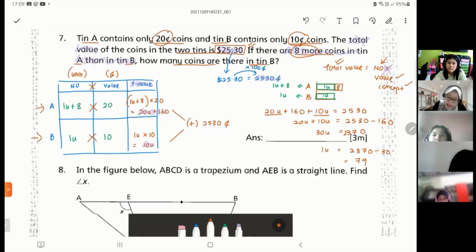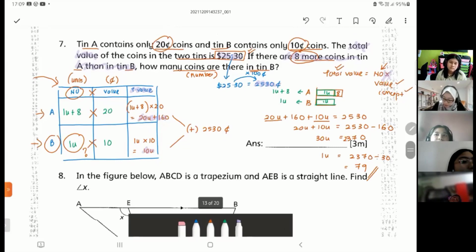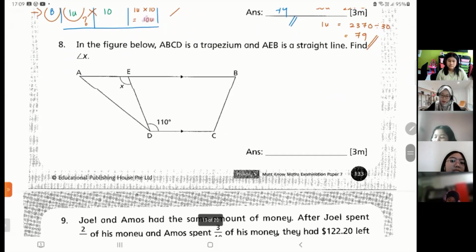How many coins? The number. They're asking for the number of coins. So for the number, I just look at the number for B. How many units do I want to find? I want to find 1 unit. There you go. That's the answer. 79. The answer is 79. Okay. Next one. Another geometry question, in a trapezium.